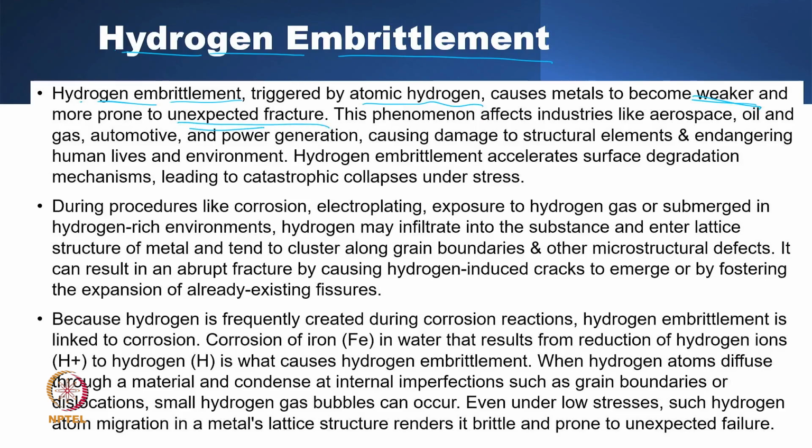Now, another thing, this phenomenon is now common in the aerospace industry, oil and gas industry, automotive industry, and power. So, in whatever the main important industries, hydrogen embrittlement is becoming common in those kinds of structures, and it really causes damage to structural elements, and an associated risk for human life, because all these are major units, and human lives are one way or another related to those units.